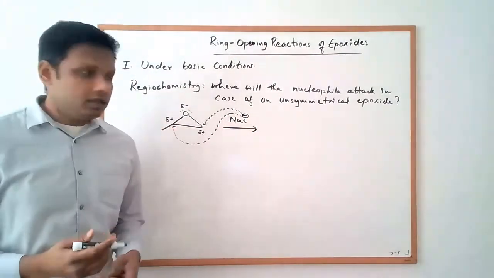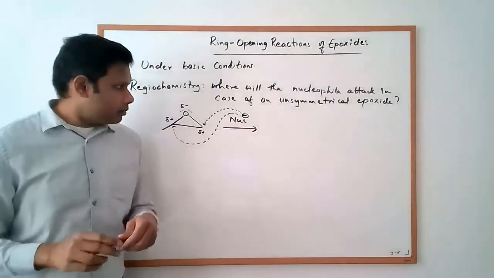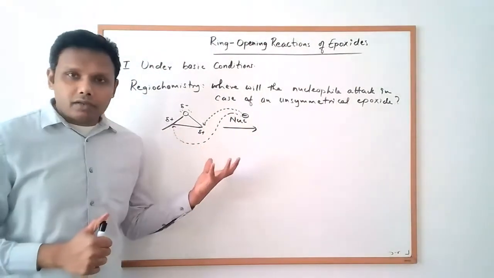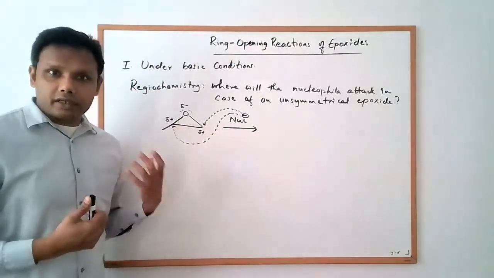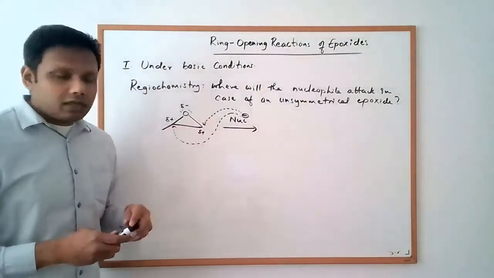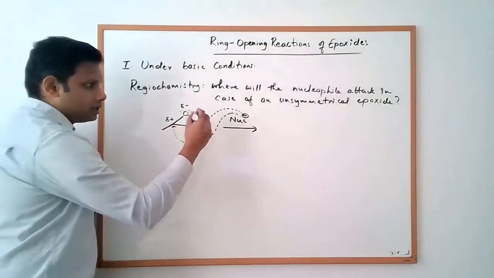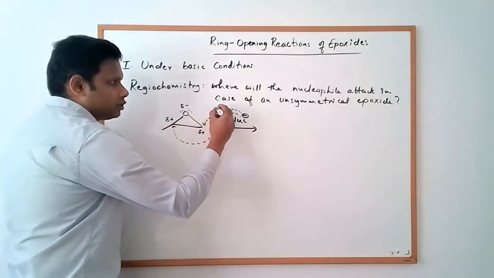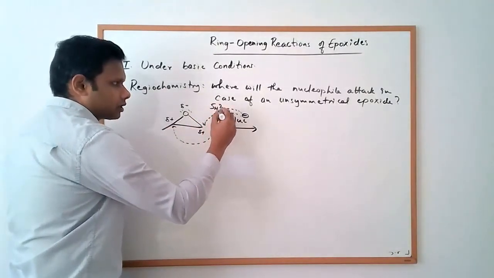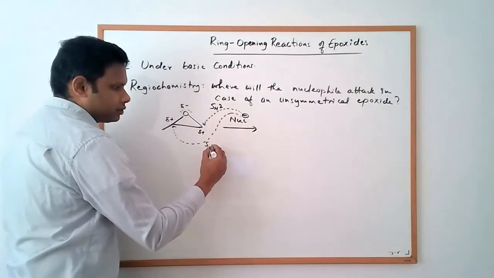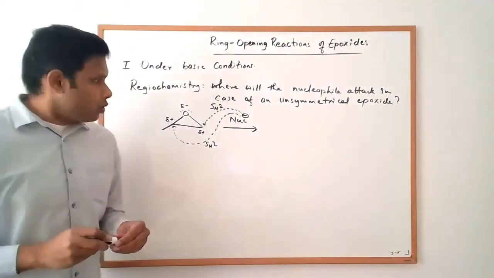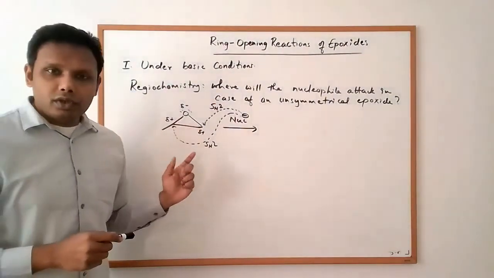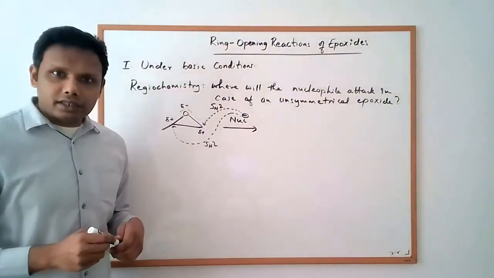Do we have any rationale for this based on what sort of attack it is? As I had written earlier, this attack is an SN2-like attack. That should help us rationalize which of these two carbons the nucleophile would attack.